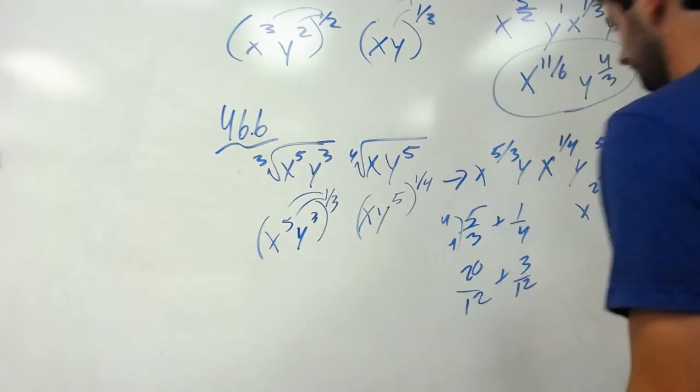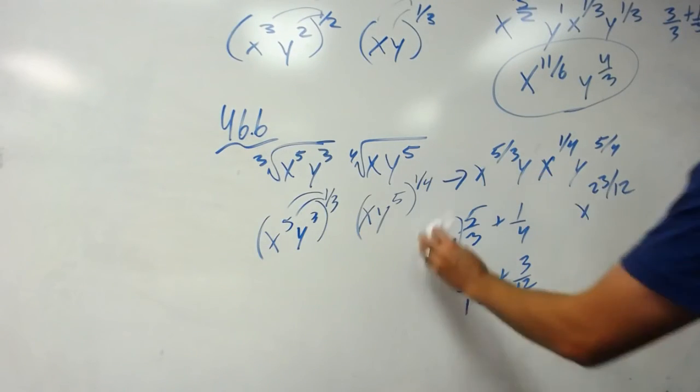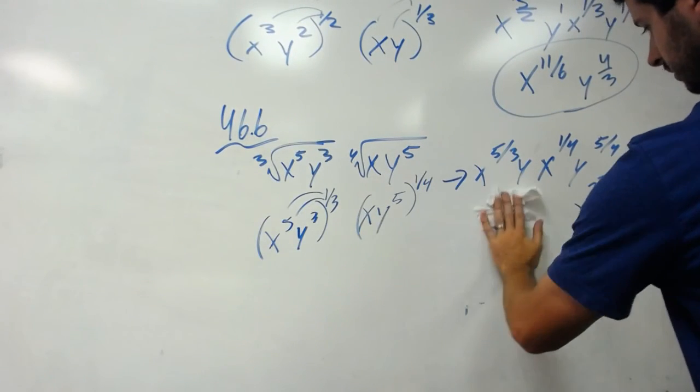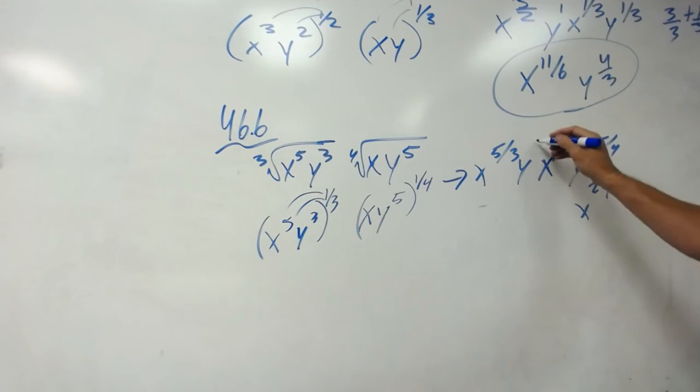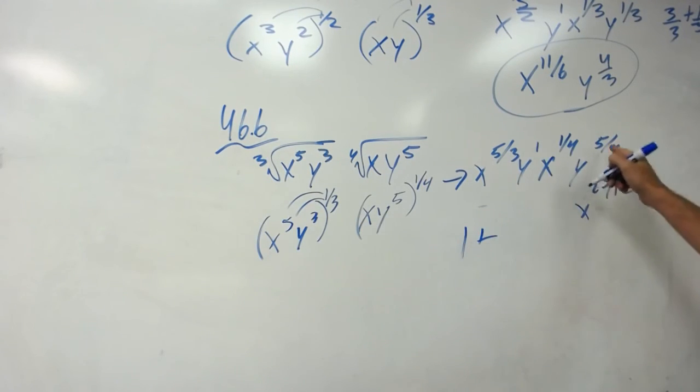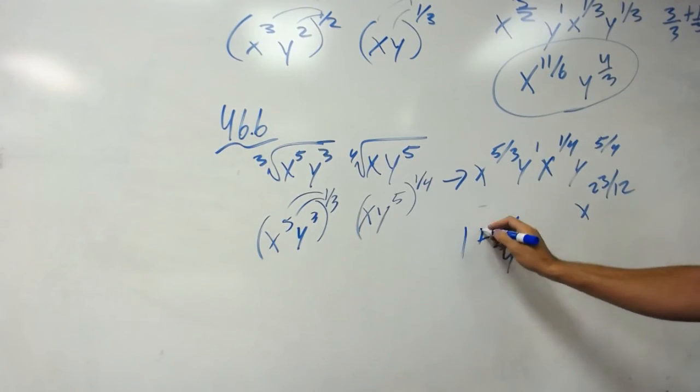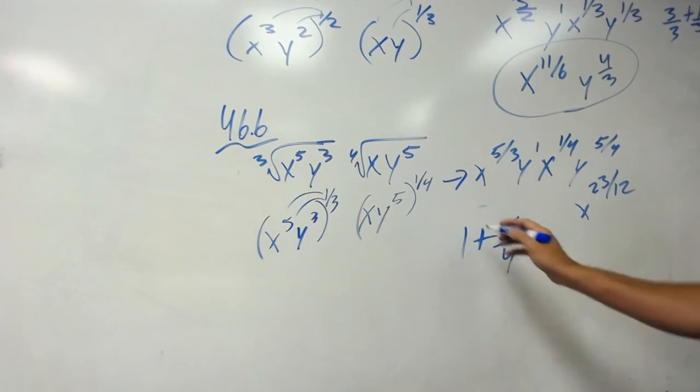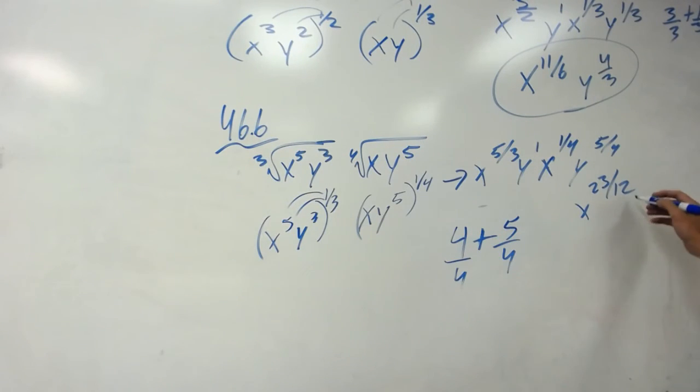Now we're going to do y. We got 1 plus 5 over 4. It becomes a 4 over 4. y to the 9 over 4th power. That's your answer, and that concludes the lesson.